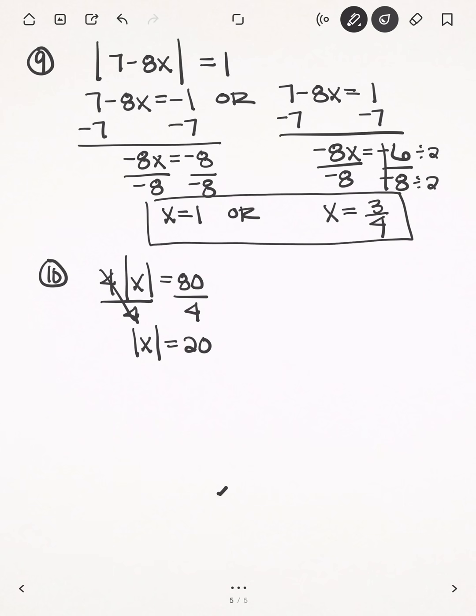I take my x out of the absolute value and I set it equal to this number, but I make it negative. Or I take that x out of the absolute value and I set it equal to exactly what I see, just without the absolute value. Notice that my x's are now by themselves. I'm actually done. My two answers are negative 20 and positive 20.